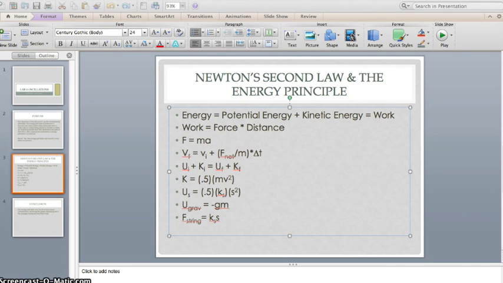Finally, gravitational potential energy can be found by multiplying the gravitational constant on Earth, negative 9.8, by the mass of the object. And the spring force can be found by multiplying the stiffness of the spring by the deviation of the spring's length from its original length.